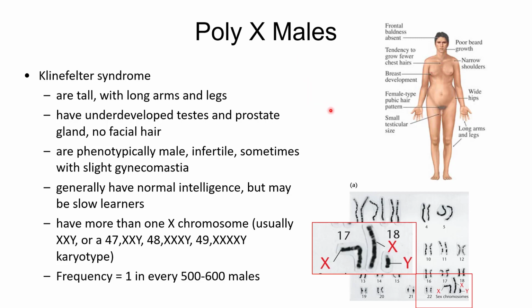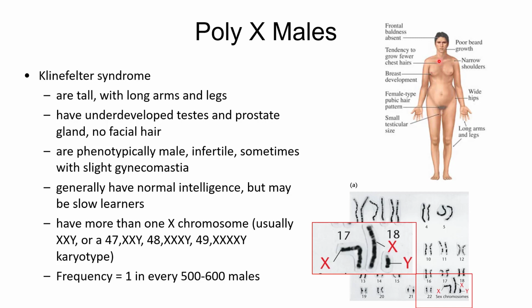For instance, they're normally tall, but they also have very long arms and legs. There can be underdeveloped testes and prostate gland. Sometimes they won't be able to grow a beard. That would be part of the secondary sexual characteristics. They are phenotypically male, so they're going to look mostly male.